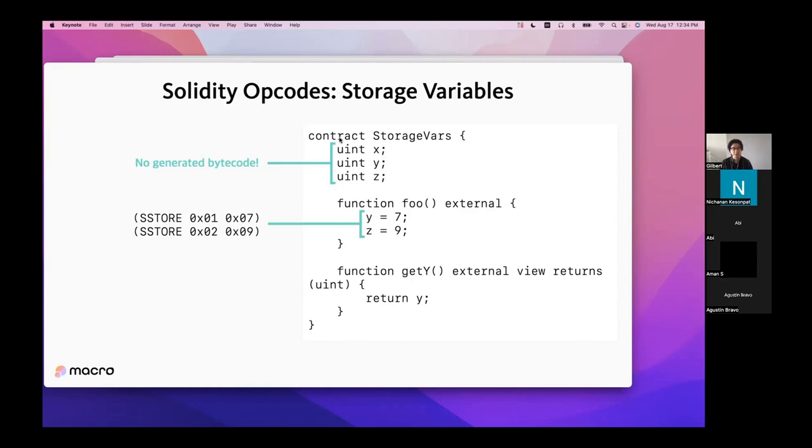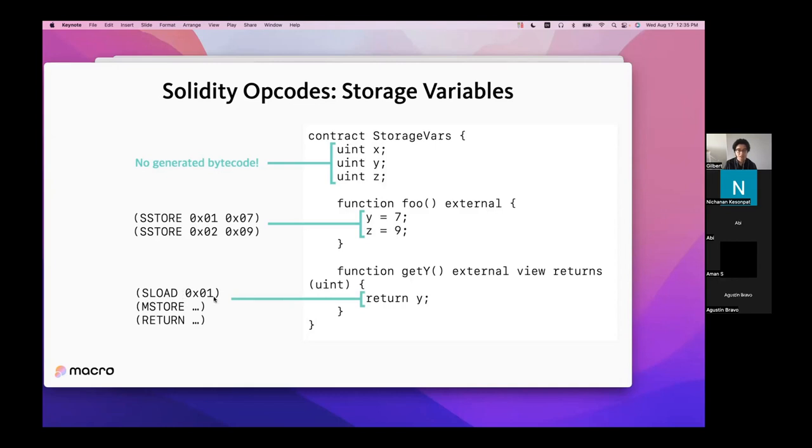Now, this order makes not much of a difference if you're just deploying a simple contract. But if you're deploying an upgradable contract, that's when it really matters, because when you upgrade a contract, you do not want to reorder your variables, because then all of these will get messed up and you'll be storing and reading from the wrong key. But again, Y is assigned the key 1.